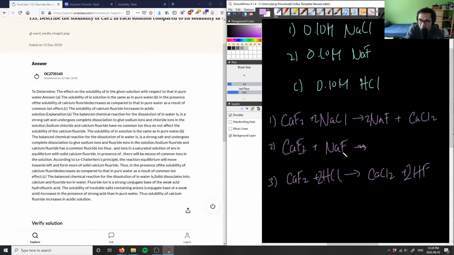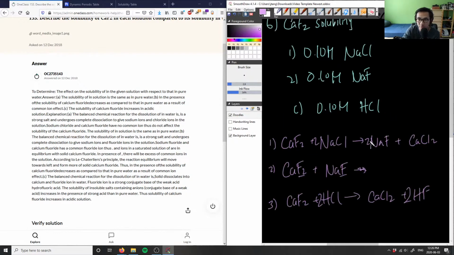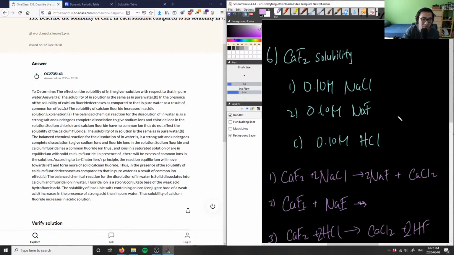We have F here and F here, and these guys too. Both of these have a common ion of fluorine here. It would basically decrease the solubility for 2. So 2 would be a decreased solubility because of the common ion of fluorine.